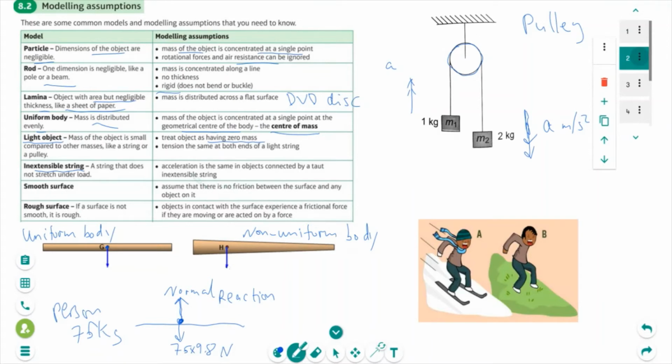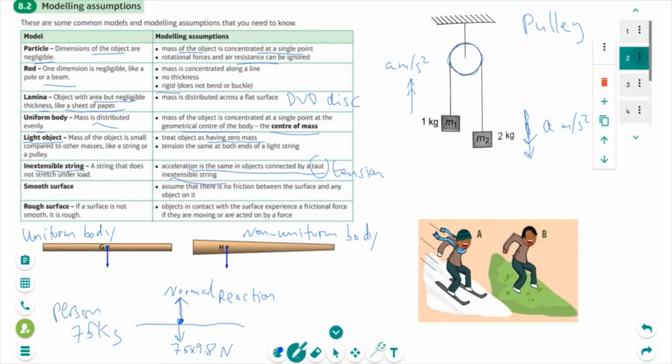So this is one of the properties of an inextensible string. The acceleration is the same in both objects connected by a taut inextensible string. Taut means there's tension in the string. When the bodies are released, there's tension in the string, so we say the string is taut. So this body will go up with the same acceleration. That's one of the properties of an inextensible string.